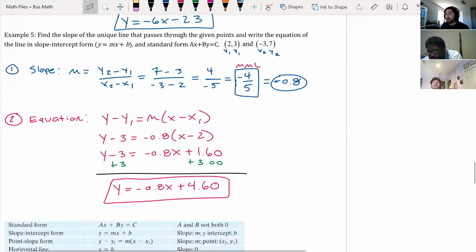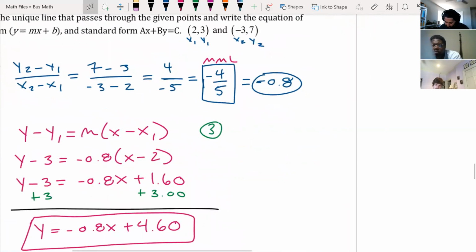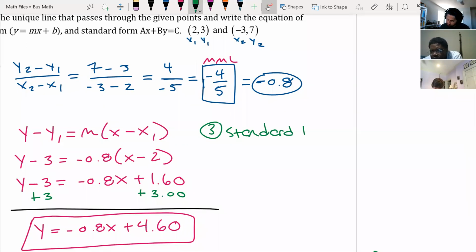And now it says put it into standard form. Okay. So this is going to be step 3. Standard form. Okay. So remember from the very first page, we have standard form is known as AX plus BY equal to C. Okay.